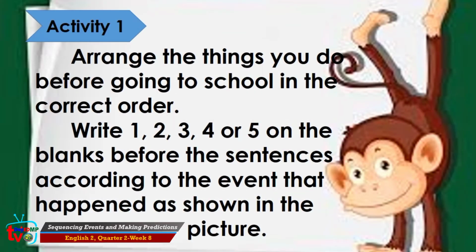For activity 1, arrange the things you do before going to school in the correct order. Write 1, 2, 3, 4, or 5 on the blanks before the sentences, according to the event that happened as shown in the picture.